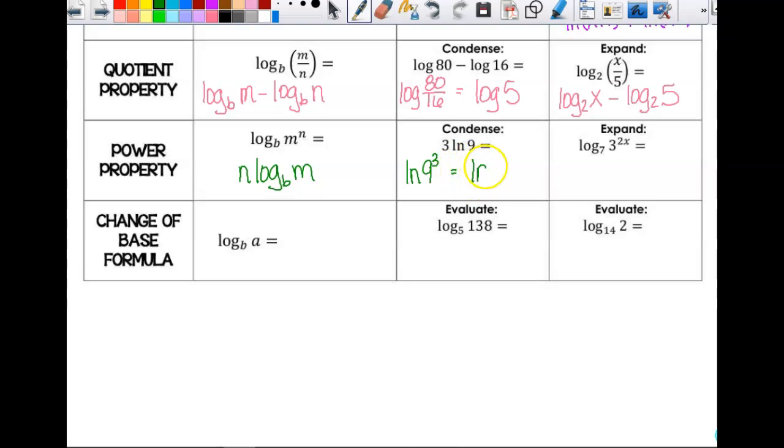What would 9 to the third be? 729. So yeah, 729. Very good. All right, and then to expand this, 2x is the exponent, so it's going to come out front. So I'd get 2x times log base 7 of 3.